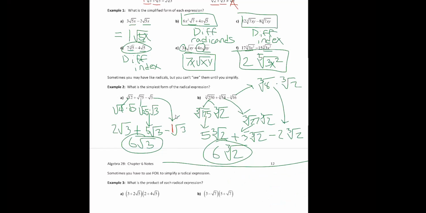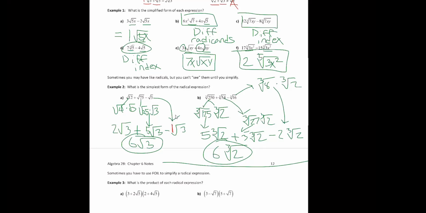So basically with addition and subtraction, you want to first make sure you simplify your radical as much as it can be. Then once it's simplified, if you have the same type of radical and the same number underneath, just add them together by adding your coefficients, but your radical part stays the same.